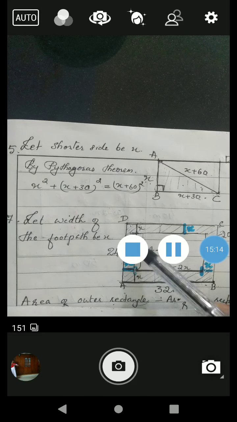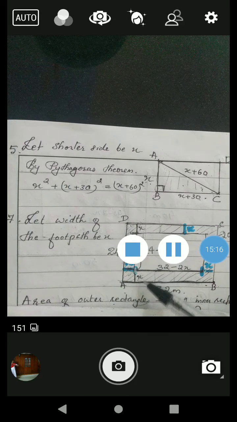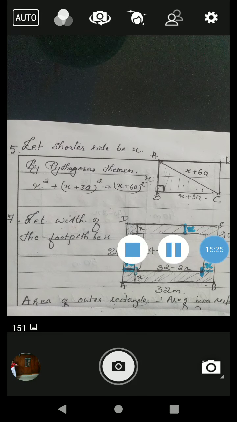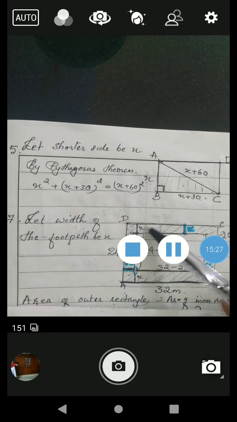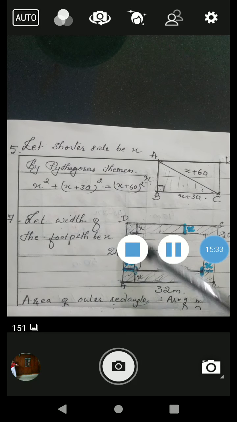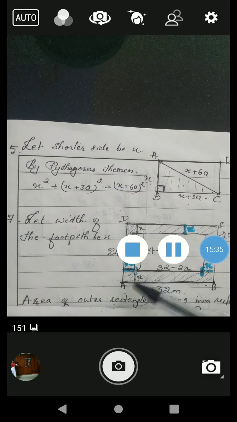Actually, the area of this shaded portion is the area of the outer rectangle minus the area of the inner rectangle, right? The length and breadth of the outer rectangle are given.